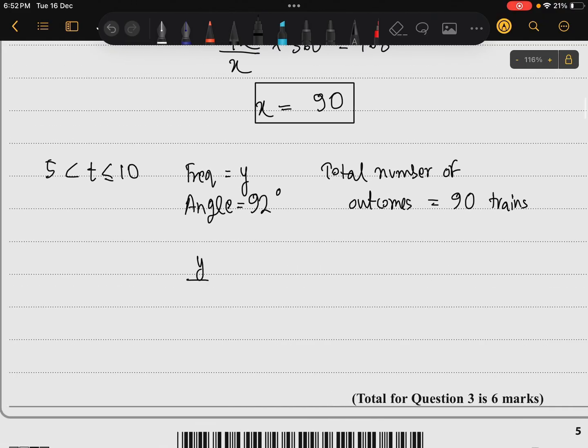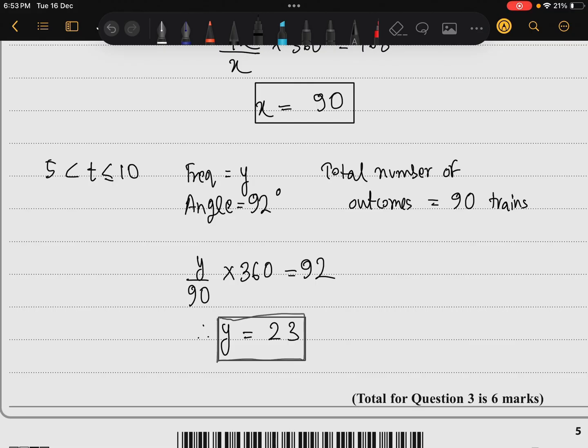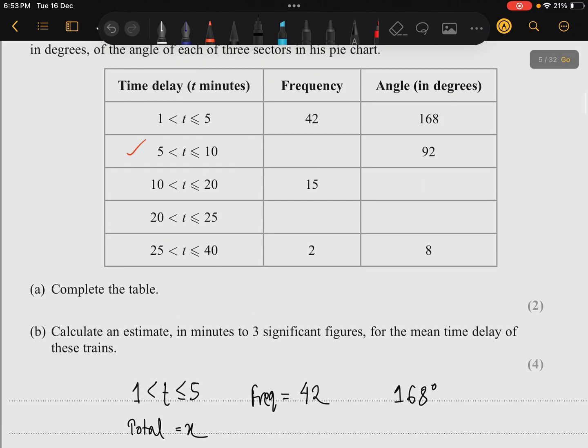So y divided by 90 multiplied with 360, since we are finding it in angles, is equal to 92. And if you make y the subject, you can simply calculate, 360 by 90 is 4. So 92 divided by 4 gives you 23. So this is the frequency for this one. So let us write it down here. 23. Sorry, not here. It's here. 23.